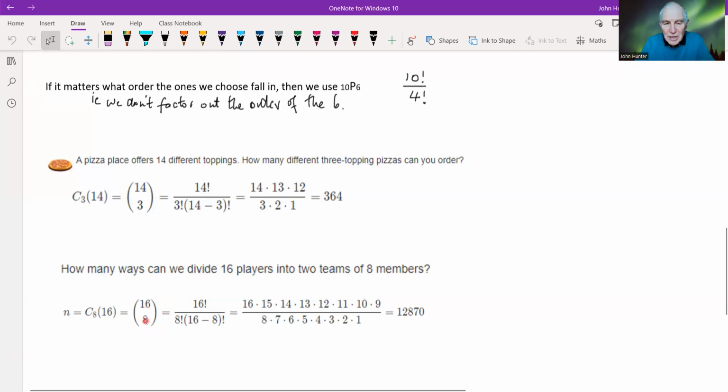So we've got 16 choose 8, which is 16 factorial over 8 factorial times 8 factorial. A lot of cancellation, and eventually we come out with 12,870 different teams. Obviously, once one team's decided, then the other team is decided. So that is some illustration of how we use the choose function.